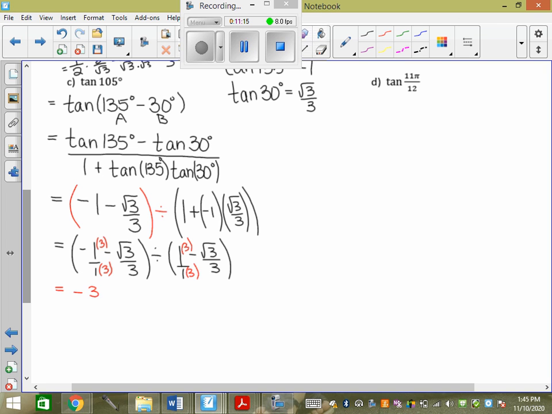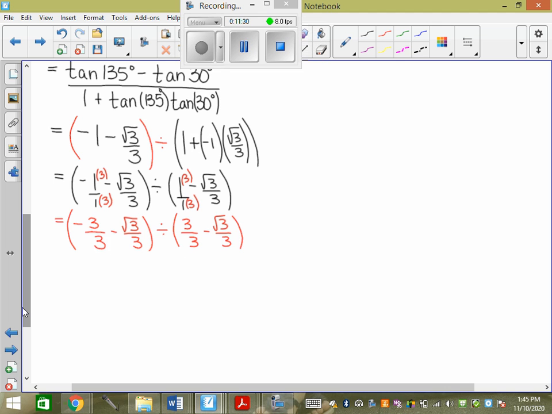So I'm going to get negative 3 over 3. I'm going to show the step, but you wouldn't have to. Minus root 3 over 3 divided by 3 over 3 minus root 3 over 3. And now I have a common denominator, so I can put them together. Negative 3 minus root 3 all over 3 divided by 3 minus root 3 all over 3.